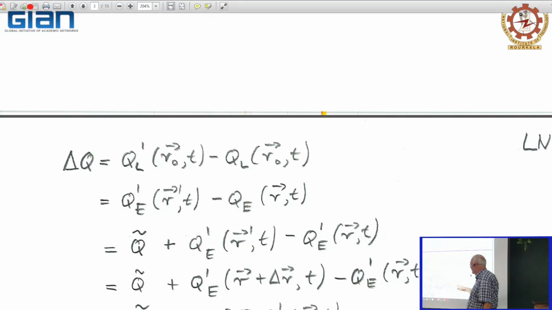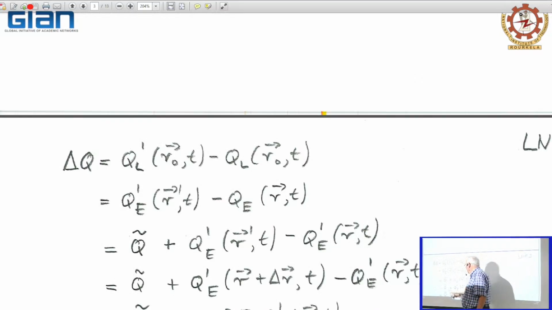It's just inserting here the definition of Q tilde and keeping the remaining terms. Okay. Now we expand r dash in the second term. This is Q tilde plus QE dash at the position r dash, which is r plus delta r. This is the original, the unperturbed position of our element, and this is the perturbation. So the new vector will be r plus delta r comma t minus QE dash at the position r and t.